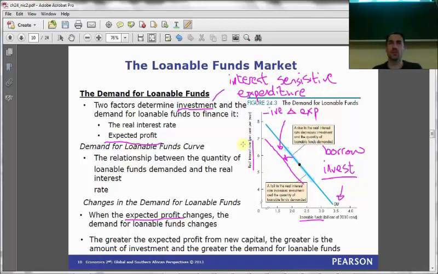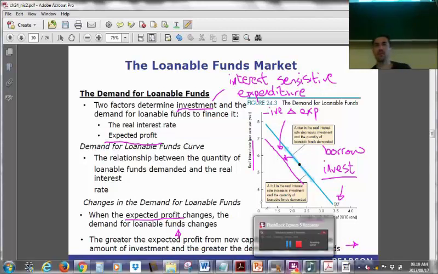That's a shift. The greater the expected profit from new capital, the greater is the amount of investment and the greater the demand for loanable funds. In other words, an increase in expected profits increase, what happens to the demand for loanable funds? Demand for loanable funds shifts to the right.